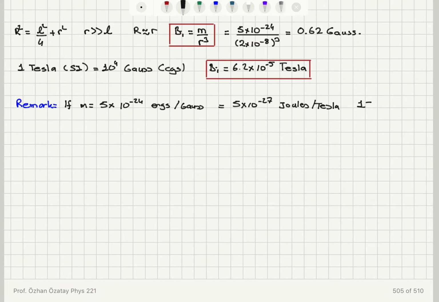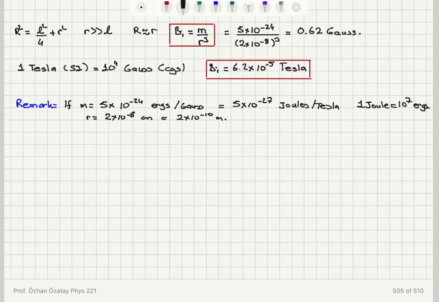And remember, 1 joule is equal to 10 to 7 ergs. We can also write R, 2 times 10 to minus 8 centimeters, as 2 times 10 to minus 10 meters.